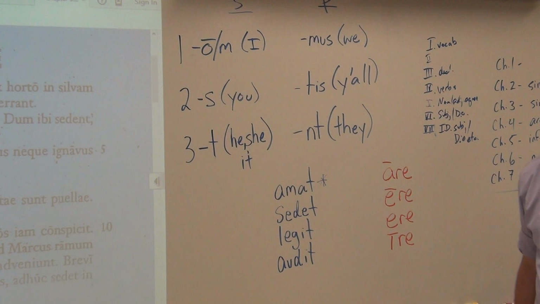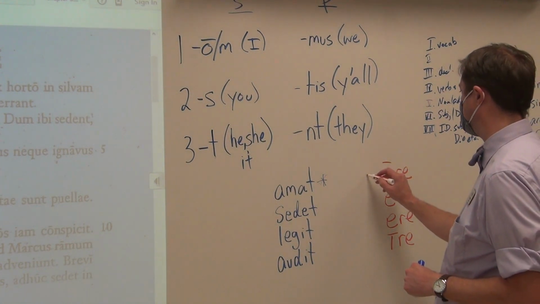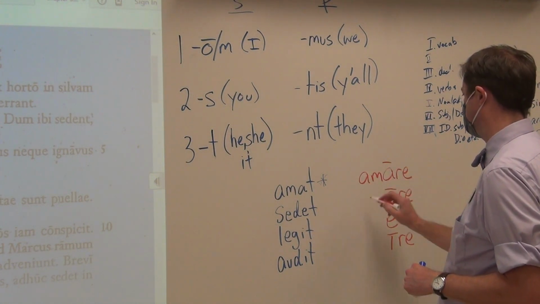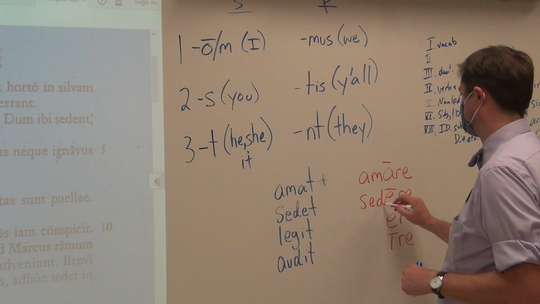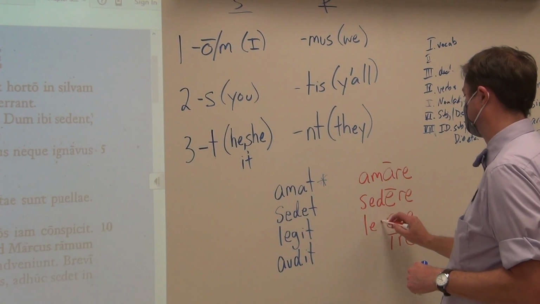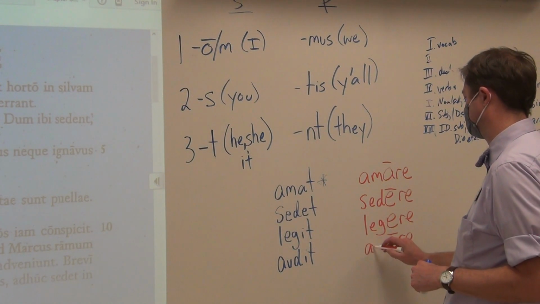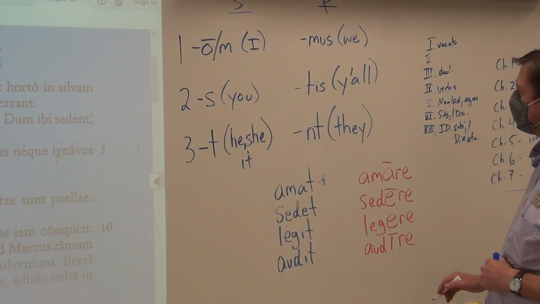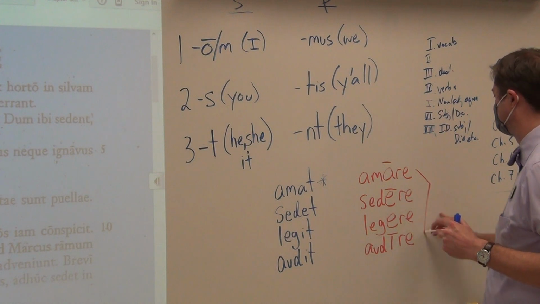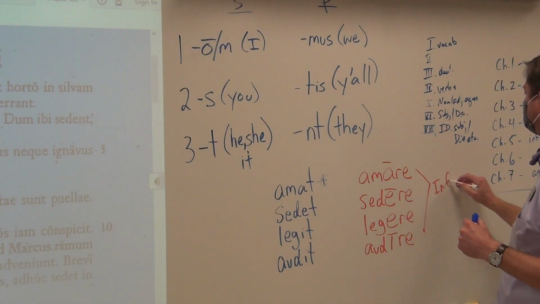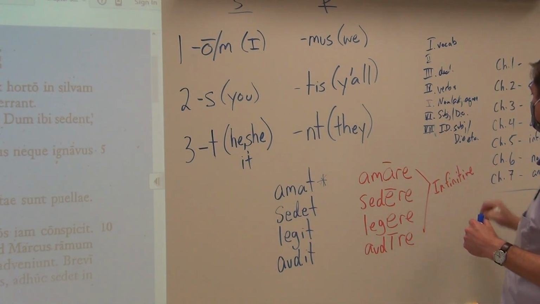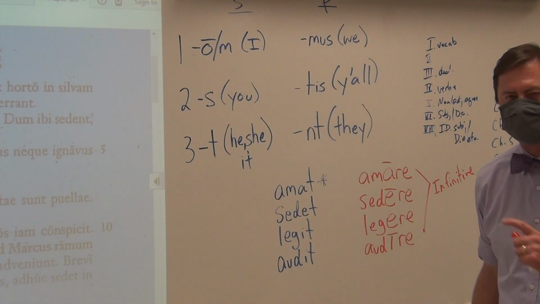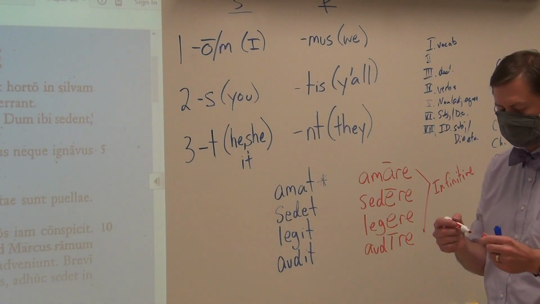If you see that on the end of your verb form, for example, amare, sedere, legere, and audire, it is what we call infinitives, which literally means verb without an ending, thus verb without a subject.